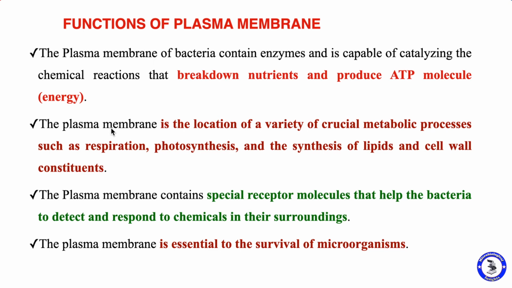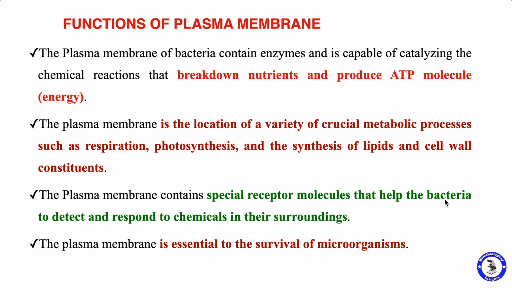The plasma membrane also serves as the site for certain metabolic processes such as respiration, photosynthesis, and the synthesis of lipids and cell wall constituents. So it provides the site for these processes. Sometimes the plasma membrane also contains special receptor molecules. What is the role of these receptor molecules?